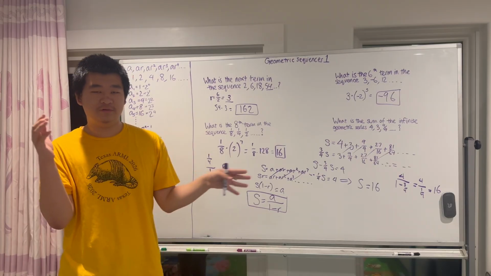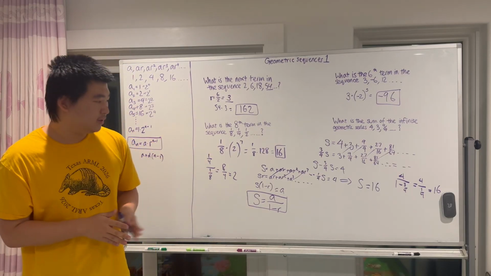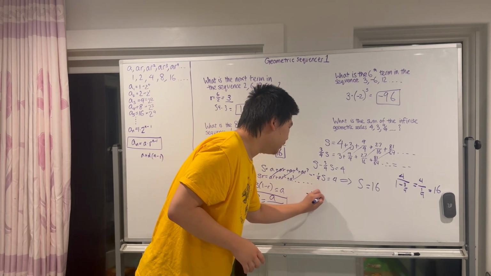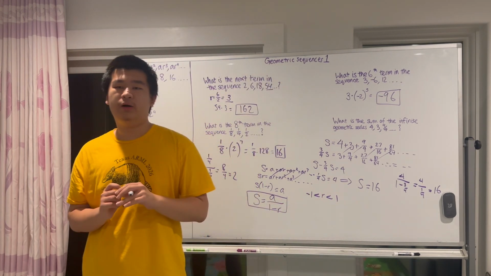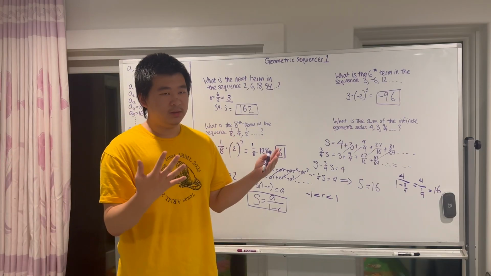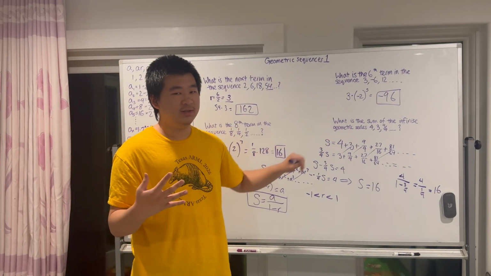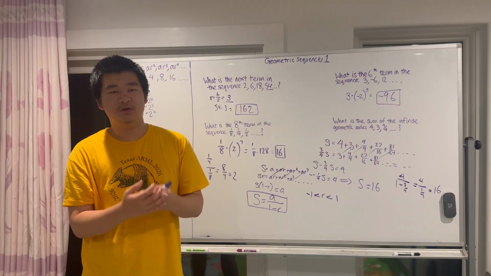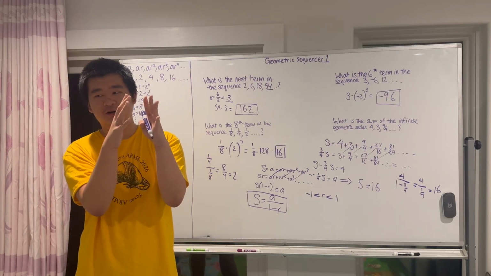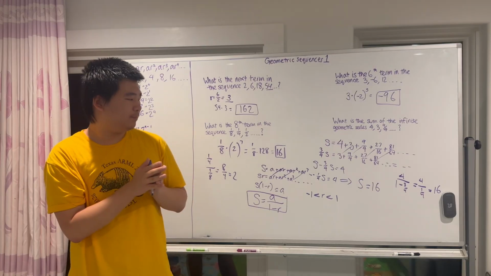It's just going to go to infinity. So only apply this when r is between -1 and 1, because only when r is between -1 and 1 will the geometric series, this is now a series, do what we call converge. Basically, not go to infinity.